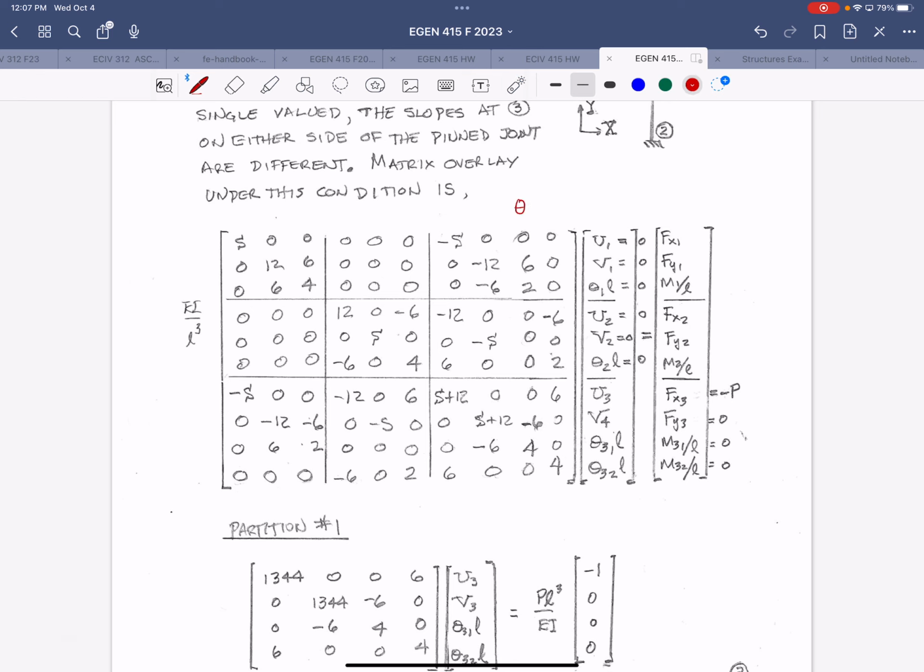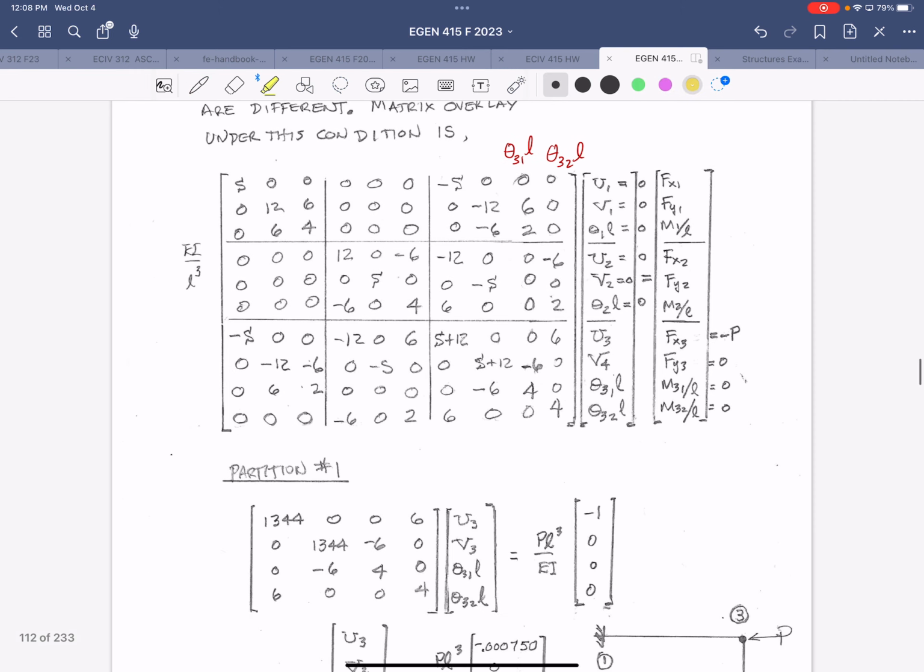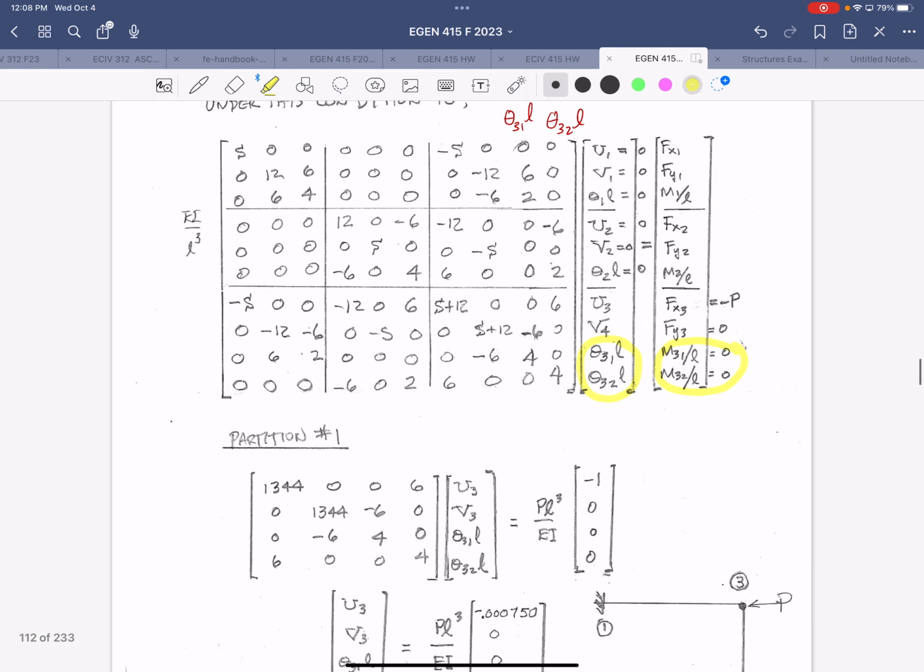So here we're separating this into theta 3, 1 times L, and theta 3 associated with member 2 times L. All right, and that's down there, and then we have, again, the moments at node 3 associated with element 1 and then separate for element 2.